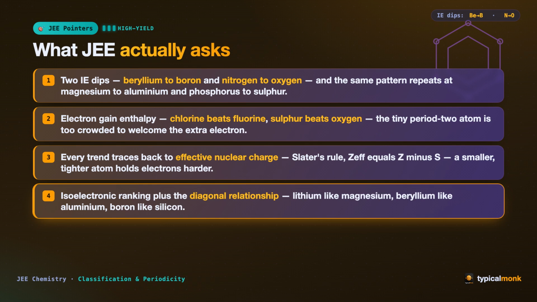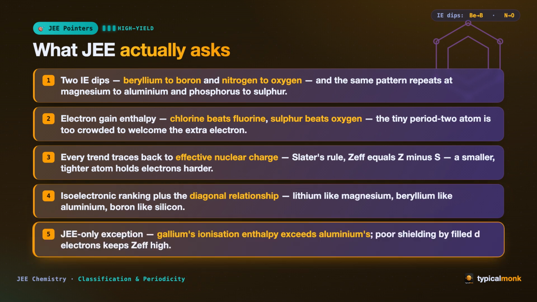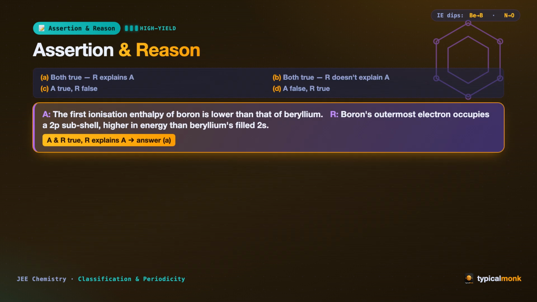Lithium behaves like magnesium, beryllium like aluminium, boron like silicon, all for size and charge density reasons. 5. The exception only G tests. Gallium's ionization enthalpy is higher than aluminium's because filled d electrons shield the nucleus poorly and keep effective nuclear charge high. Let us drill the G way.